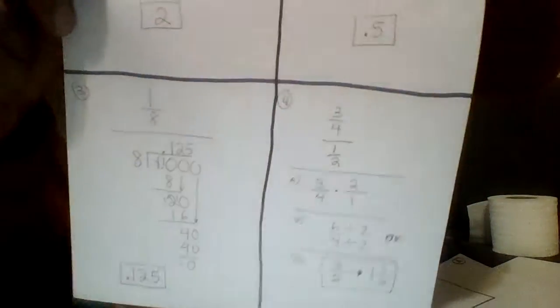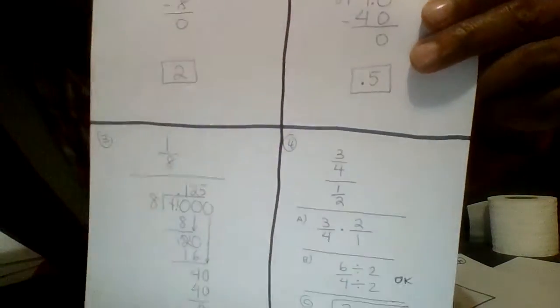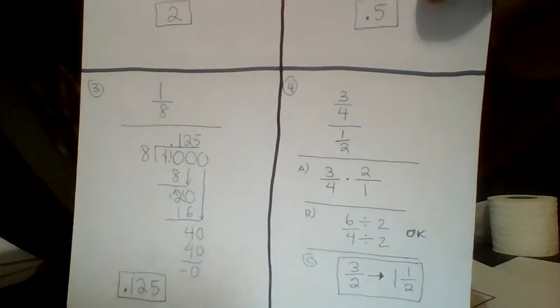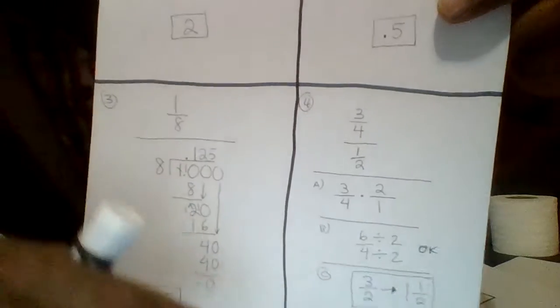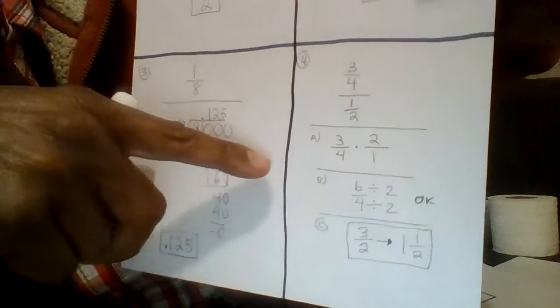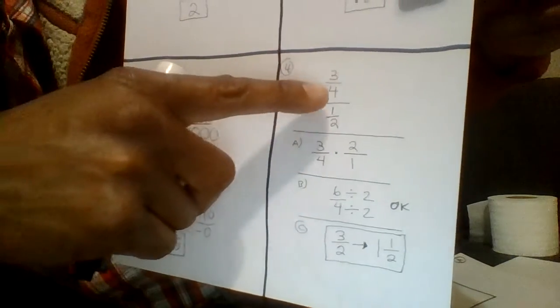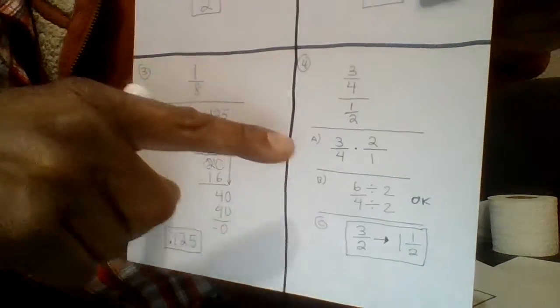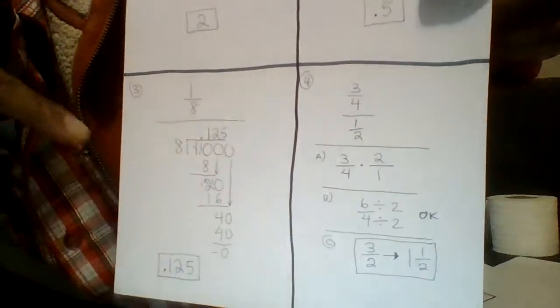So we move from that to working with fraction numbers and finding fraction quotients. You could turn these fraction numbers into decimals, but I want them to stay in fractions. So we go here, we have the quotient of 3/4 and 1/2. Notice what happens here: I have the 3/4 is the same as up here, but the 1/2 turns into 2/1. And the reason why is because I applied the reciprocal strategy.